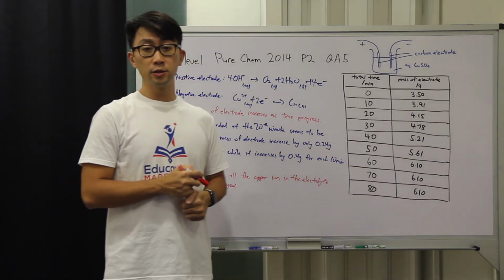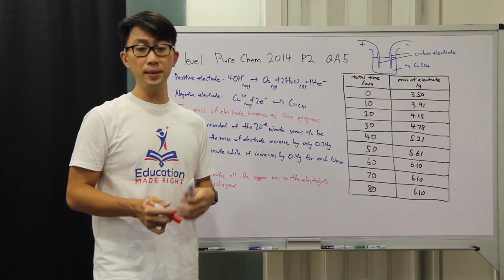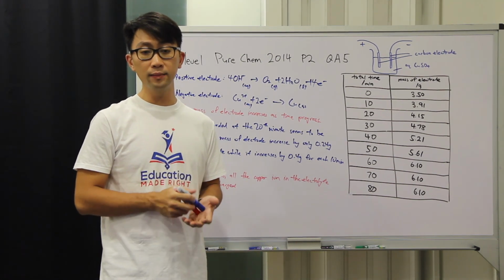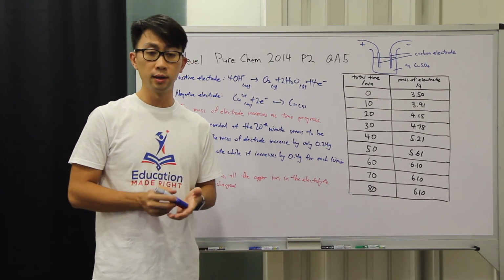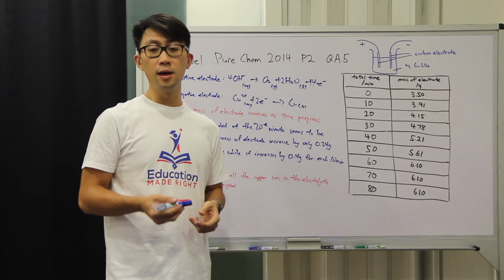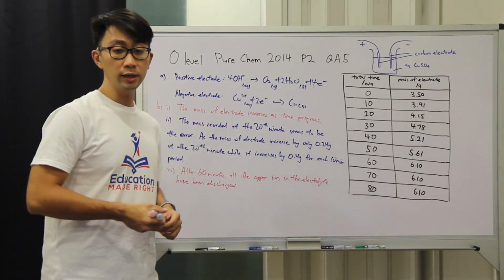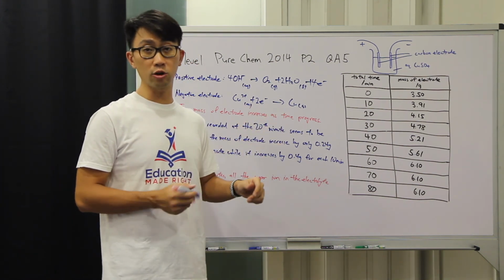Right, so for the next part, part C, the student repeats the experiment. This time he uses copper electrodes. How would you expect his results for the experiment to differ from his first experiment? Explain your reasoning. Now he's using an active electrode, the copper electrode.